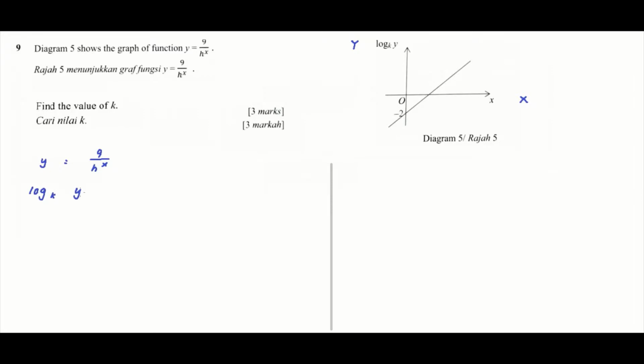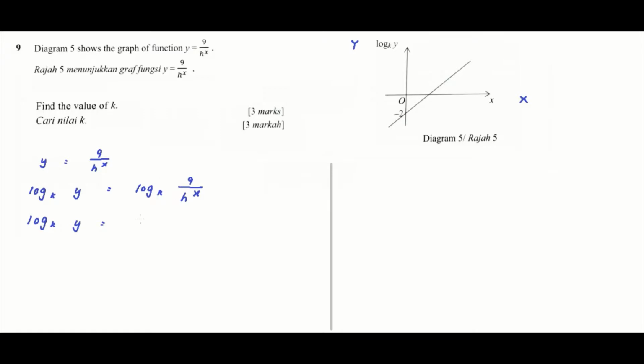So log y equal to log k of 9 over h to the power x. The next step is to split this out, because I want it to be in the form of y equals to mx plus c. We already have our y, which is log base k of y.